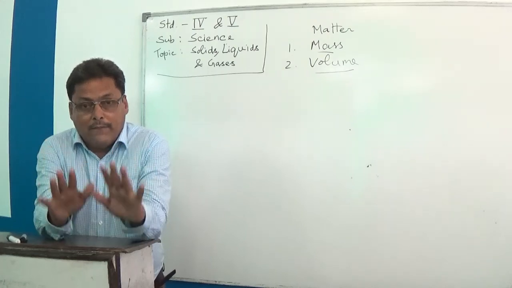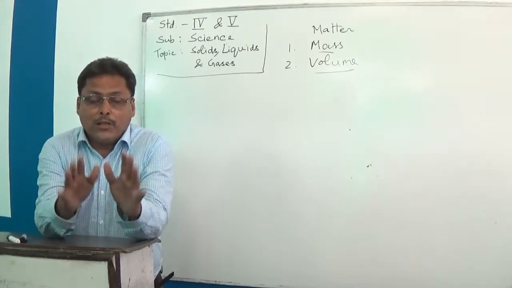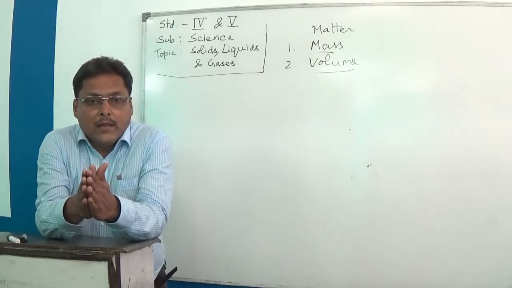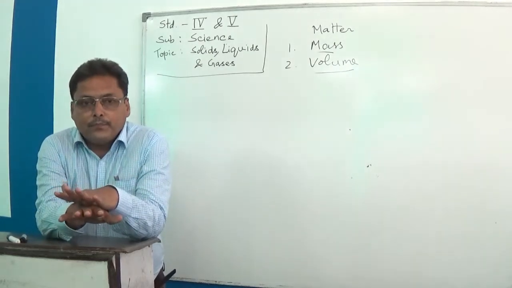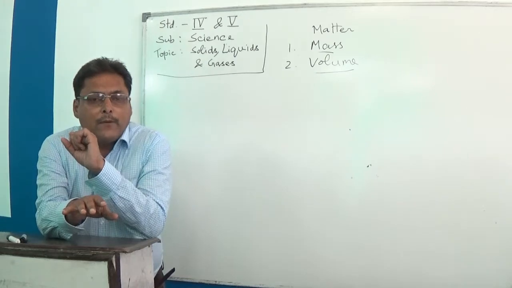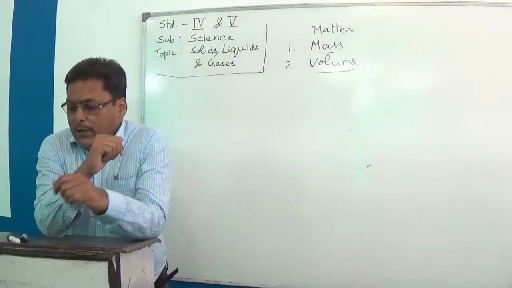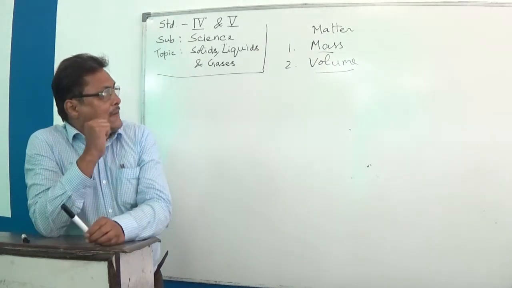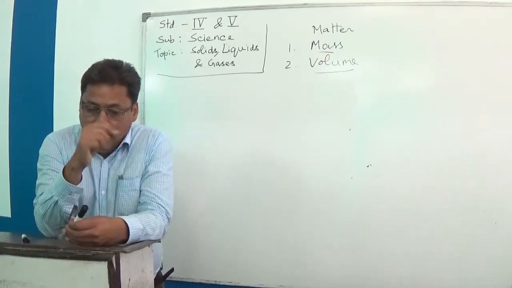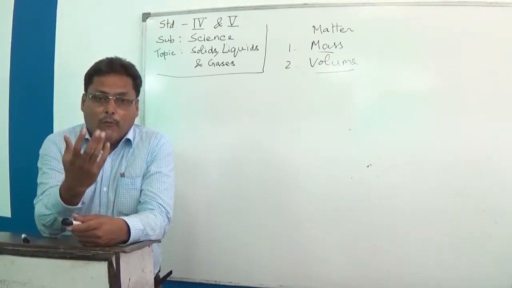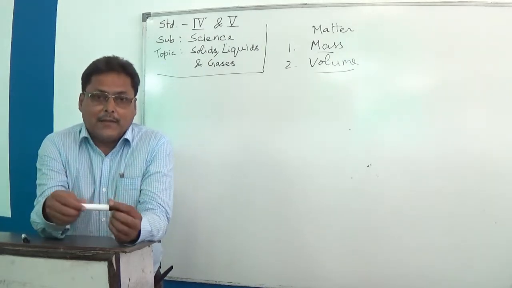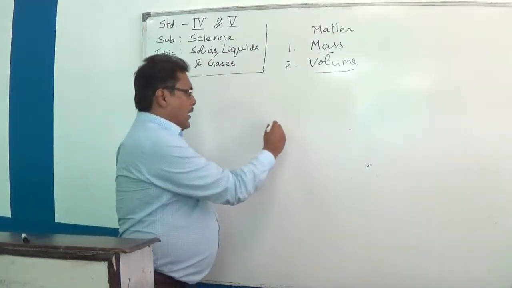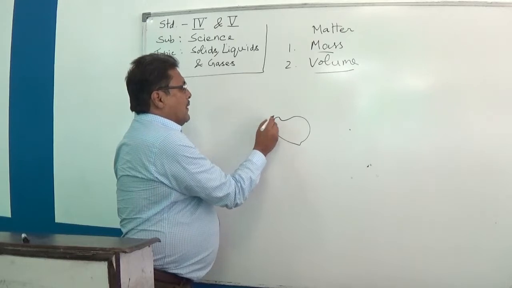What we can feel, that is also matter because you see, air we cannot see, but we can feel. If air is matter, you can prove that air has mass and air has volume. Now suppose you take a football without air inside it, a deflated football like this.